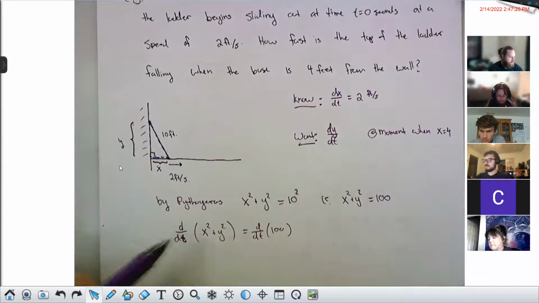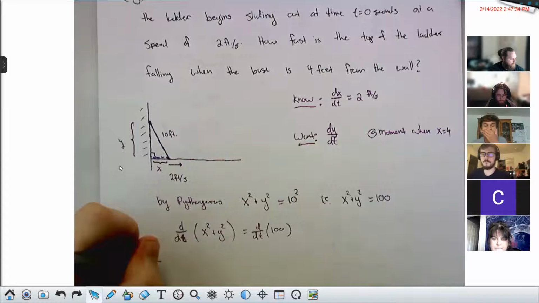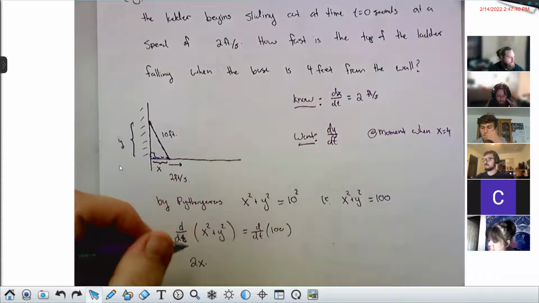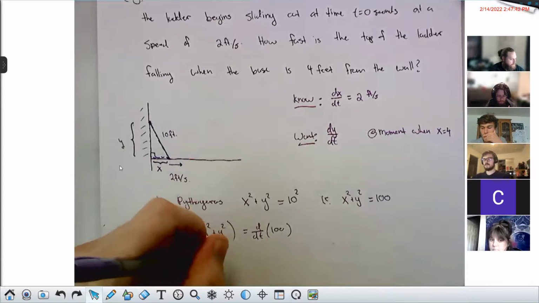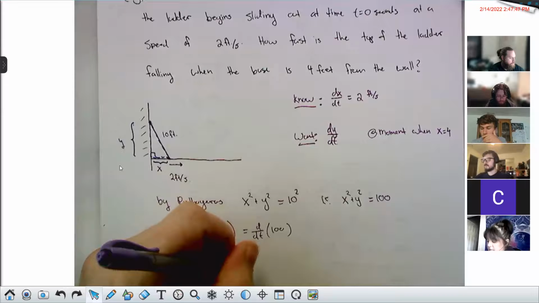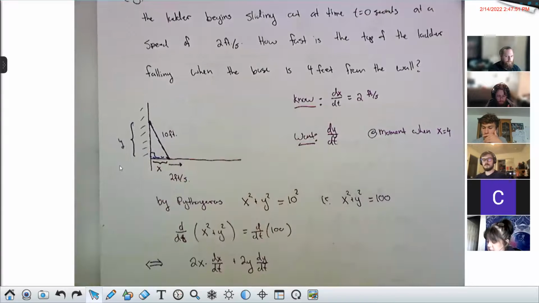Again, the trick is just remember you're differentiating implicitly. So x and y are both functions of time. They both get treated the same way y gets treated when you differentiate implicitly with respect to x. So this would be 2x times the derivative of the inside, which is dx/dt, or x dot, plus 2y times dy/dt, or y dot.